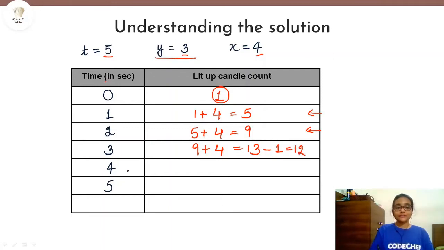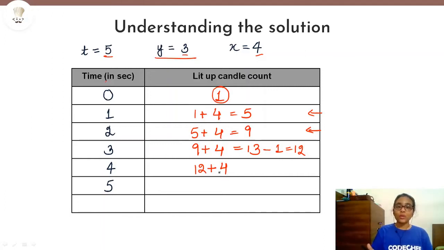Now at the 4th second, again some candles will get extinguished. We have 12 candles at the end of the 3rd second, and 4 more candles will be lit up, because we have 12 candles already which are lit up. So we can pick any one candle and light up 4 other candles.